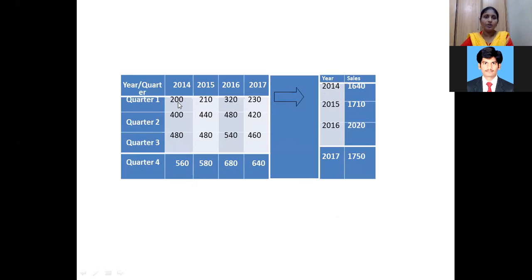After summing up, 200 plus 400 is 600, 600 plus 480 is 1080, 1080 plus 500 is 1580, 1580 plus 60 is 1640. So for the total year we consolidate or aggregate the data. That is the purpose of the aggregation.